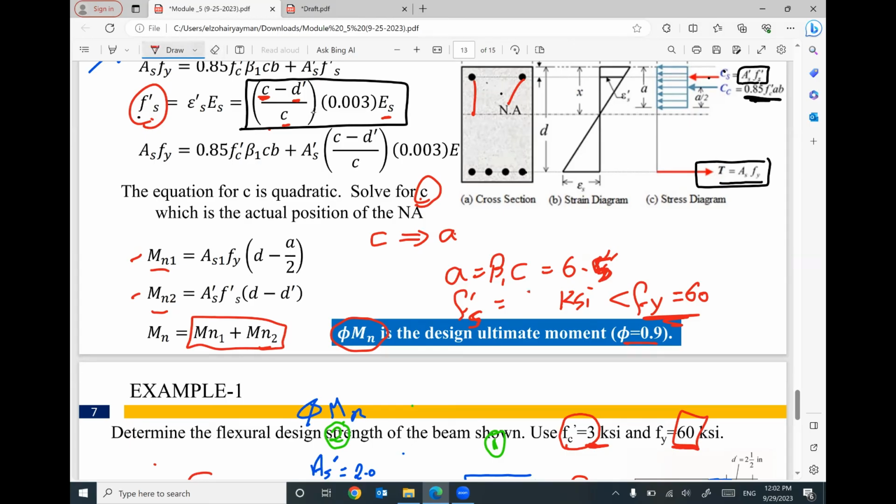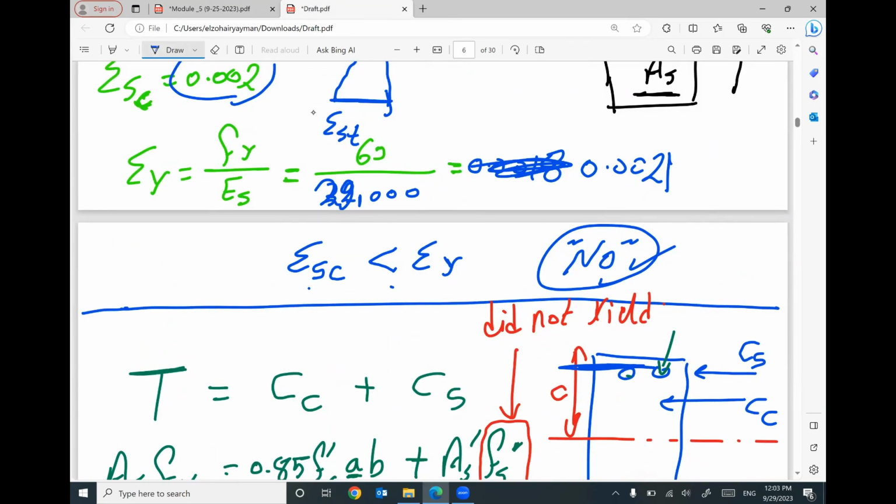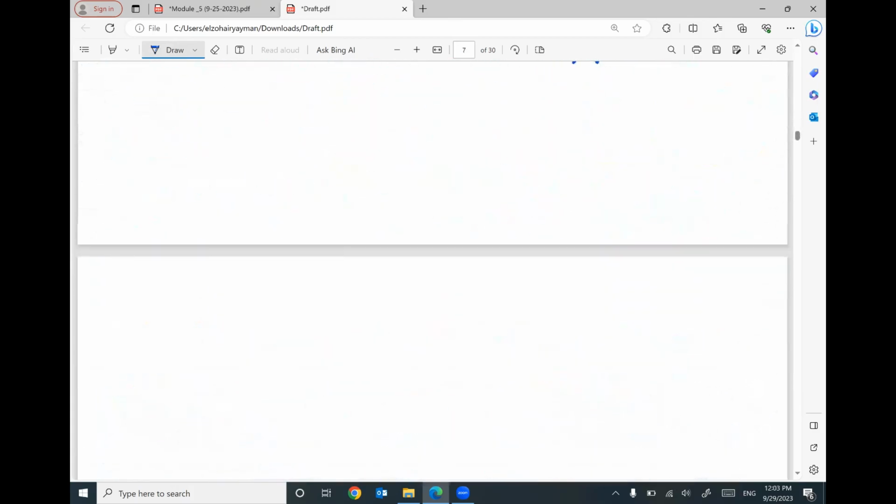That makes sense. 58 KSI, this is the value of stress in steel reinforcement in compression, which is less than f yield. This is the reason why we answered here no, because the steel reinforcement did not yield, because the strain in the steel compression is less than yield. I'm sorry for this mistake.